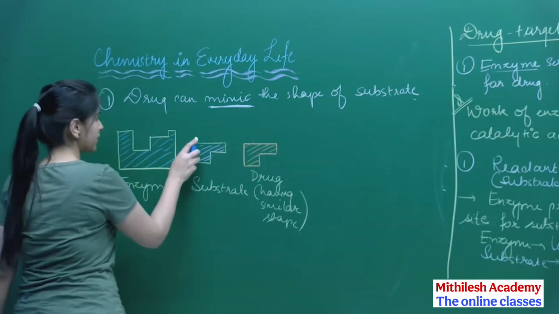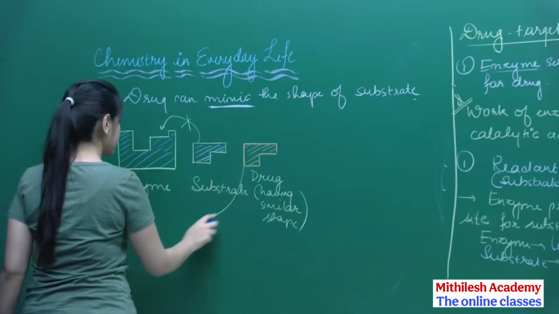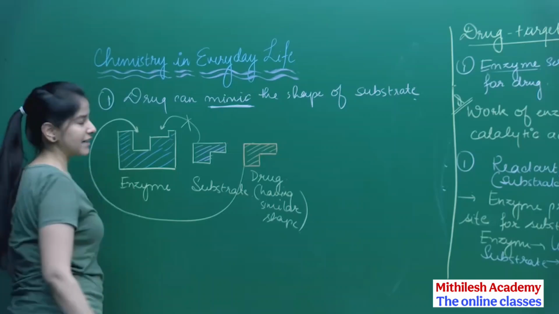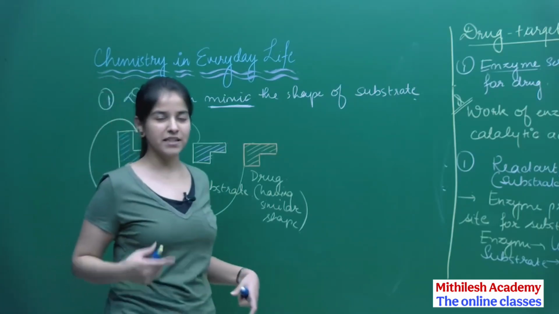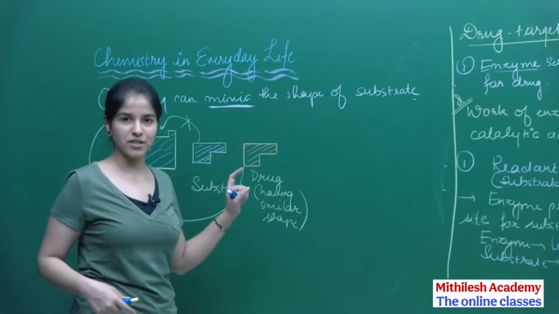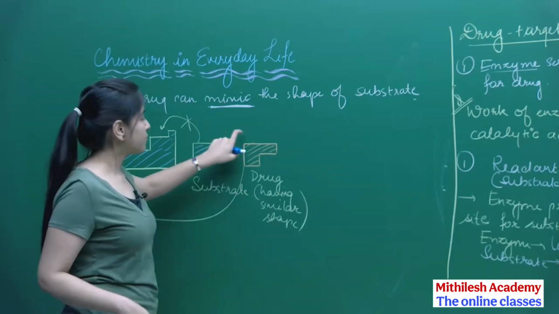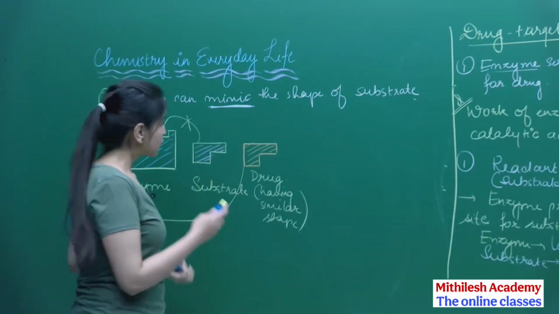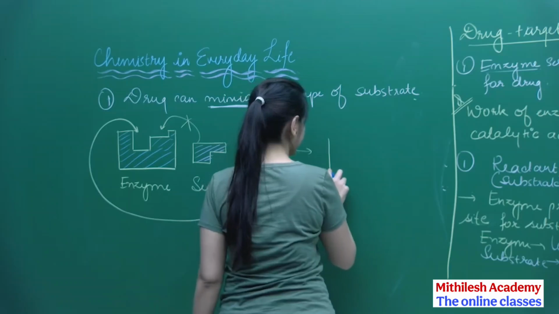So instead of the substrate getting attached over here, it will not. Instead, the drug will come and get attached over here. That is how the drug is creating a sort of confusion between the enzyme and the substrate. The substrate will not get attached, but instead the drug. So what will happen here? We get something like this.